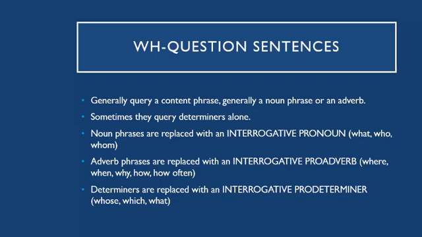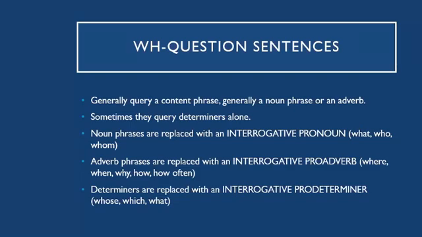For example, the first one says noun phrases are replaced with an interrogative pronoun: what, who, or whom. Why? Because if I say, who called me? And I say, Edgar called me. So Edgar is a proper noun.